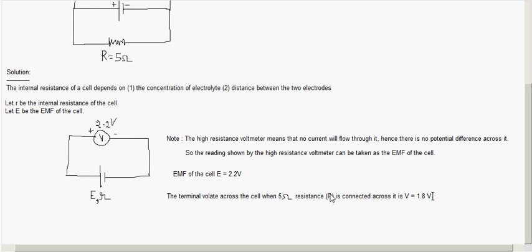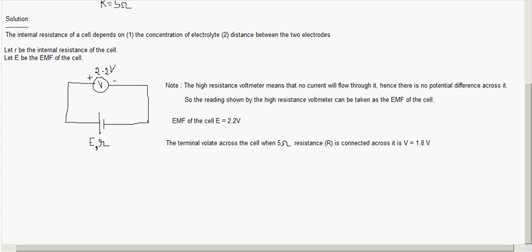Now we have the relation between r, E and V as the internal resistance r equal to capital R, that is the external resistance, into E by V minus 1.